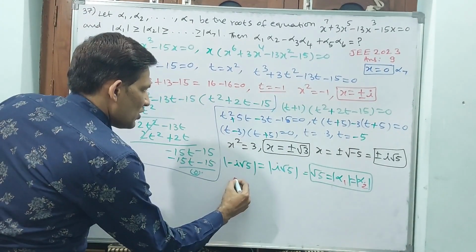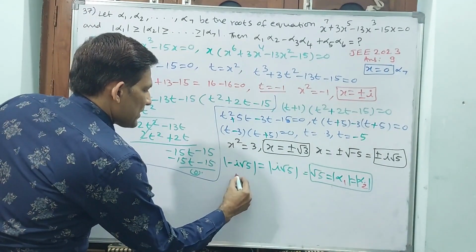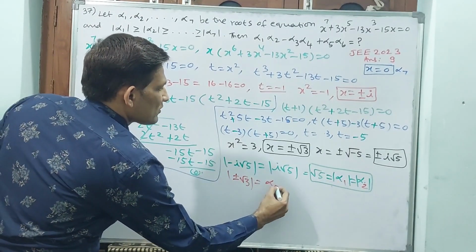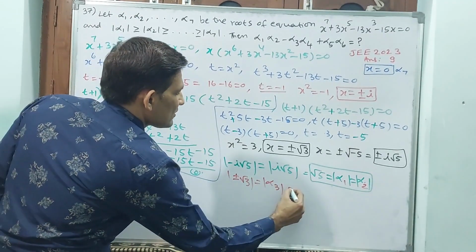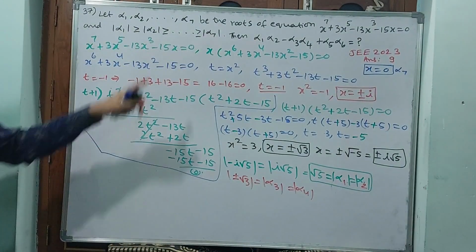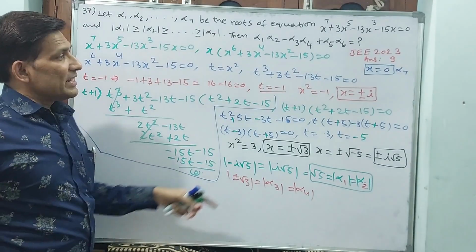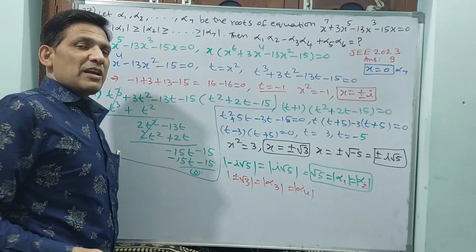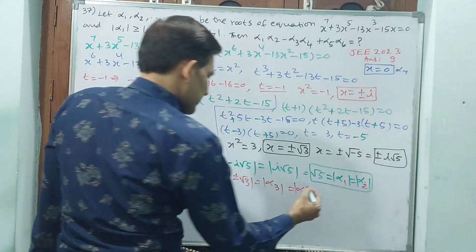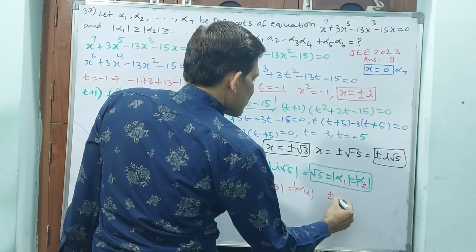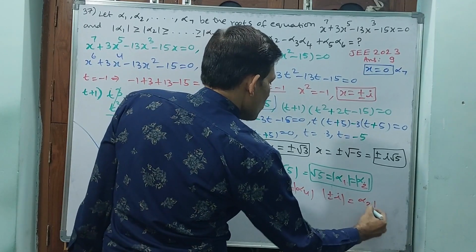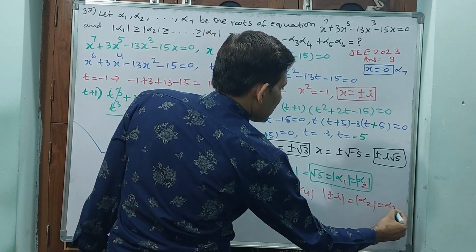That means modulus of plus or minus root 3 is equal to modulus of alpha 3 and modulus of alpha 4. Next smaller is this one, plus or minus 1 will come. That means modulus of plus or minus i is equal to modulus of alpha 5 and modulus of alpha 6.